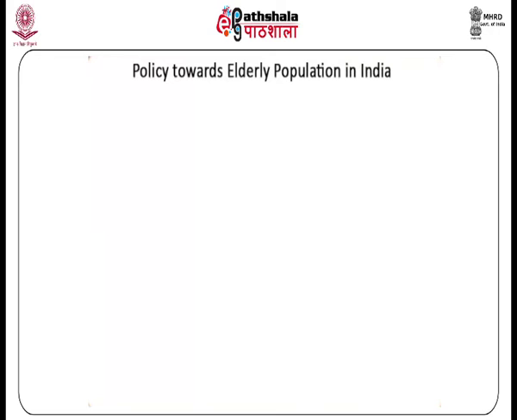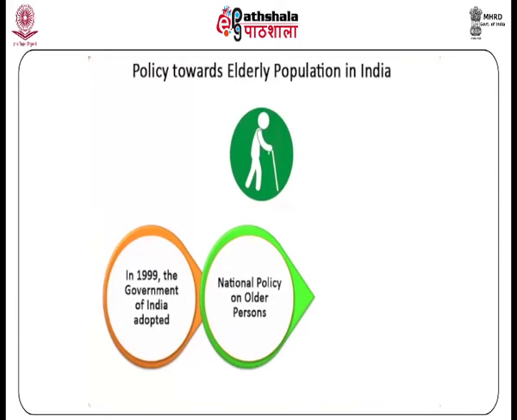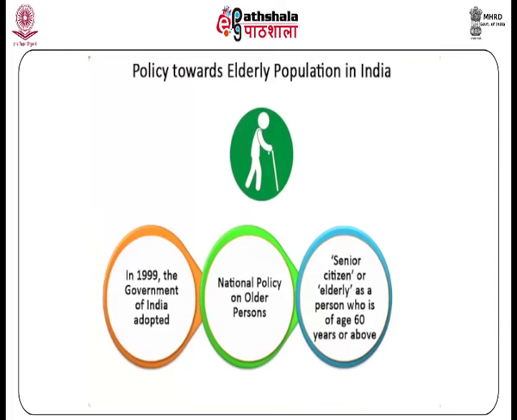Policy towards the elderly population in India. In 1999, the Government of India adopted the National Policy on Older Persons. The policy defines a senior citizen or elderly person as a person of age 60 years or above.